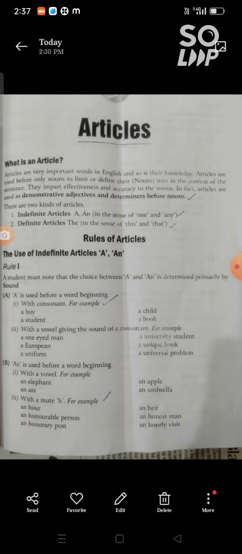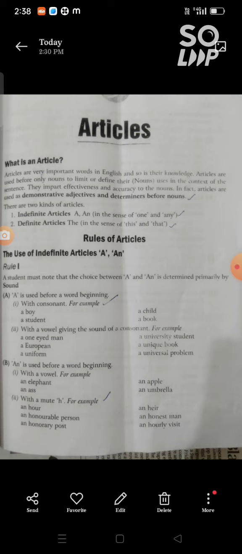Boy, ba sound, so that's why a boy. Now child, cha sound, so that's why a is used. Student, a is used. And book, a is used. Now you see, all these nouns are countable and singular. So before singular countable nouns we use the article a. The article a must definitely be used before a consonant sound.